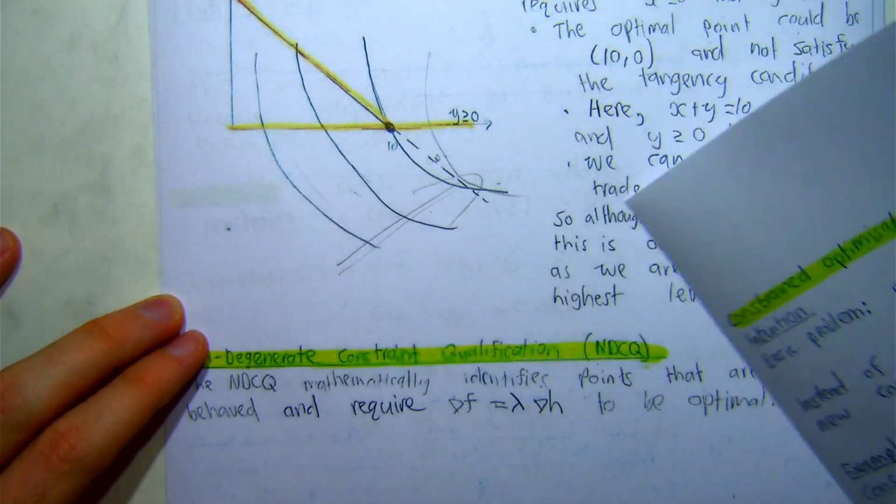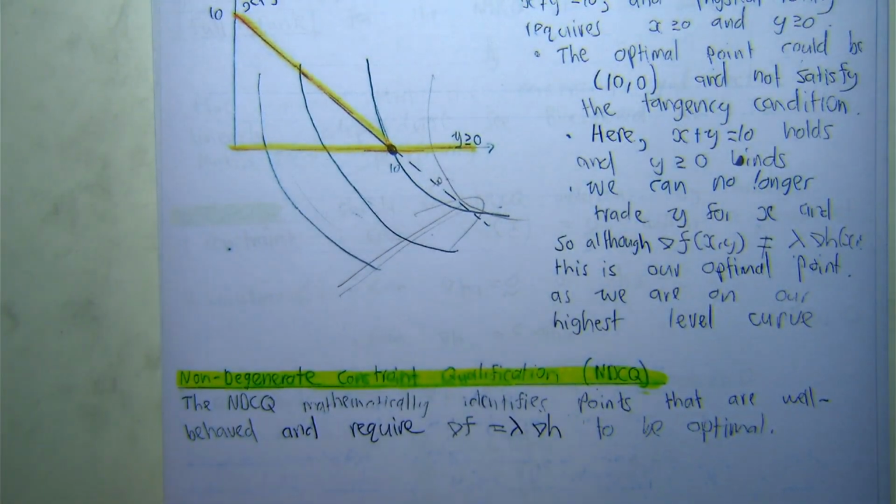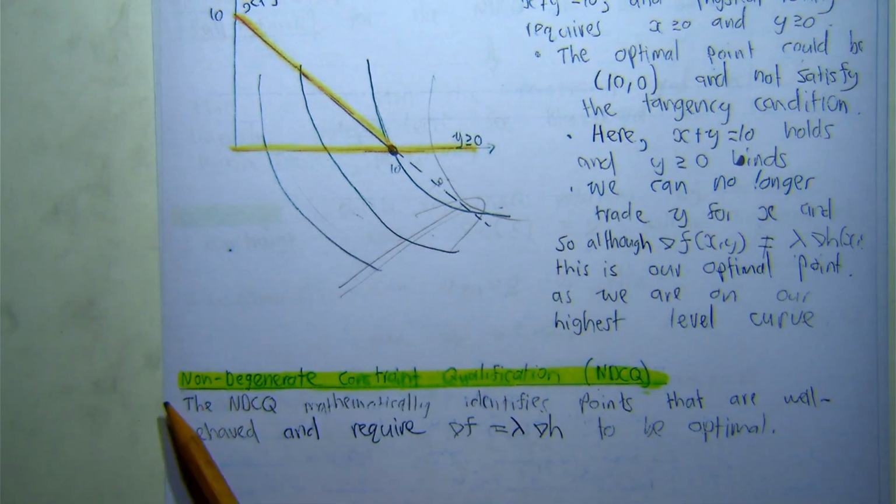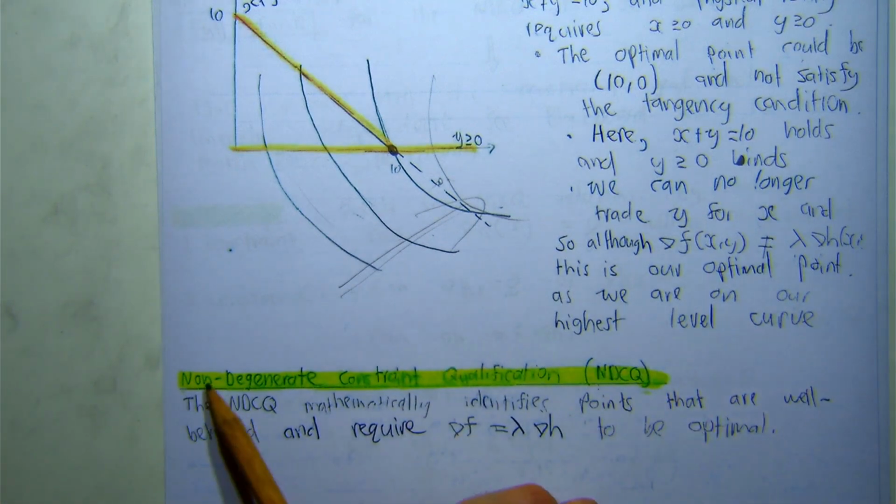And that, combined with our corner solutions being problematic, are ways that our standard methodology of finding tangency will not work. And so what is inbuilt into the Lagrange theorem that will address all of these concerns is an investigation of the NDCQ. So NDCQ, non-degenerate constraint qualification.